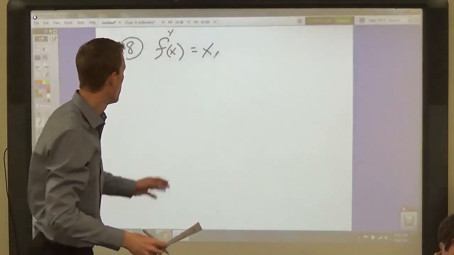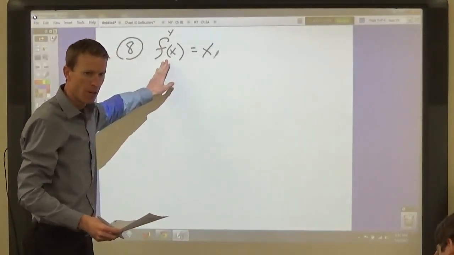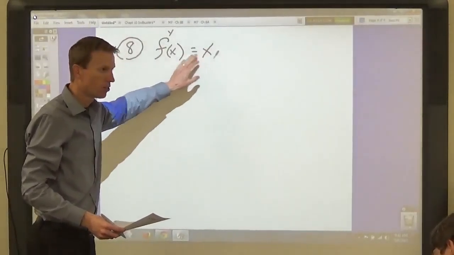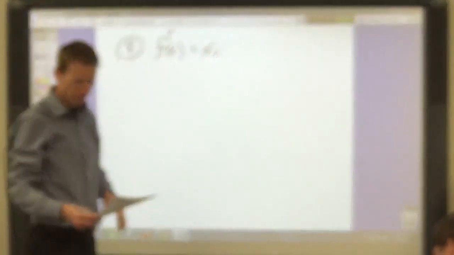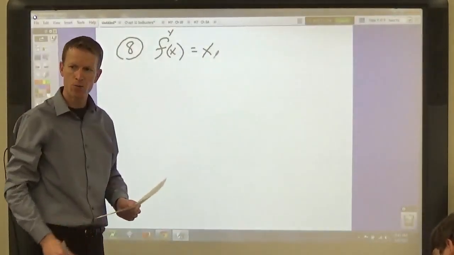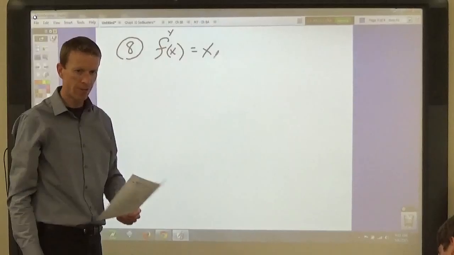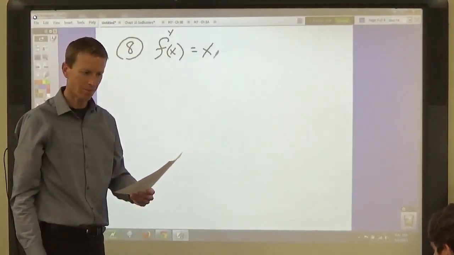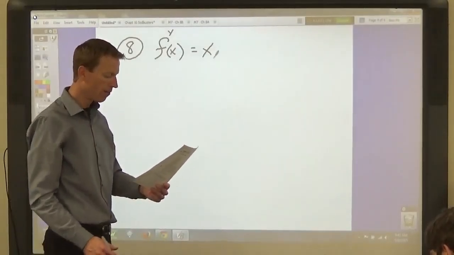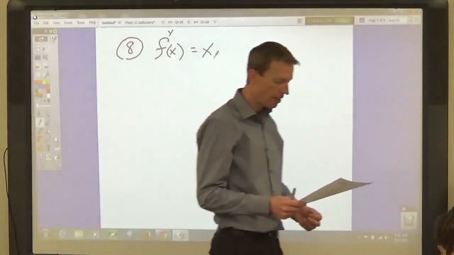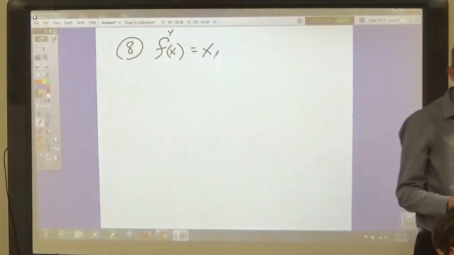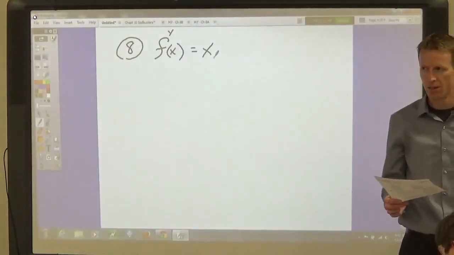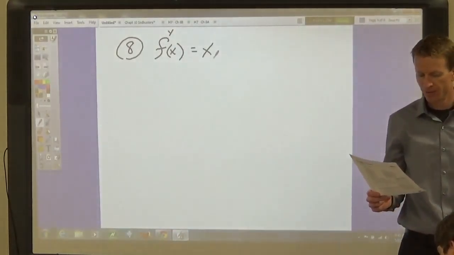How do you get from x to the function of x? How do you get from negative 9 to negative 1? How do you get from negative 5 to 0? Or 0 to negative 5, I mean. How do you get from 1 to negative 1? Go up 2.